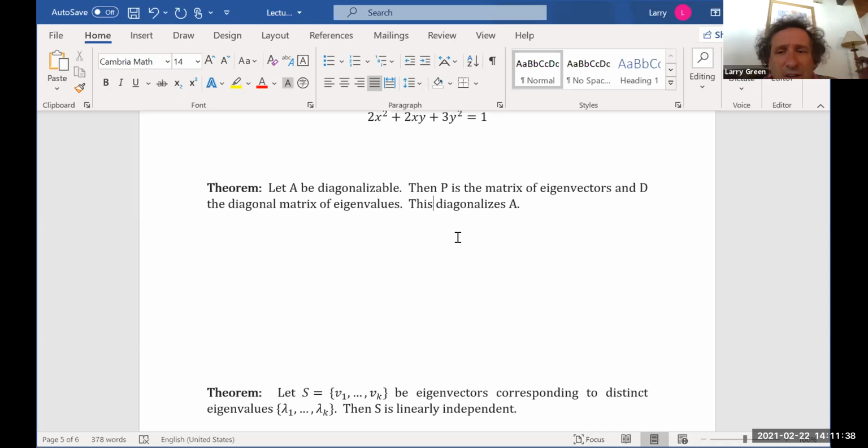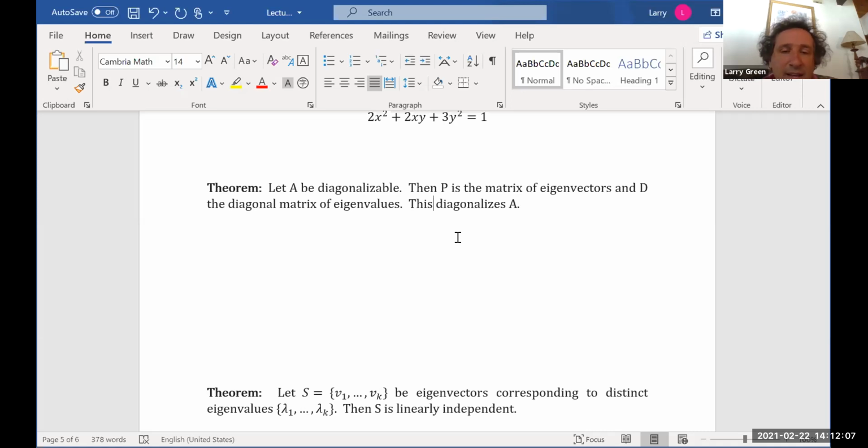Okay, and just a note, you can always take an eigenvector and divide by a constant and it's still an eigenvector. So you can always let that eigenvector be a unit vector if you wanted to, which means that you can almost always write P, if it's 2 dimensions, as a rotation.